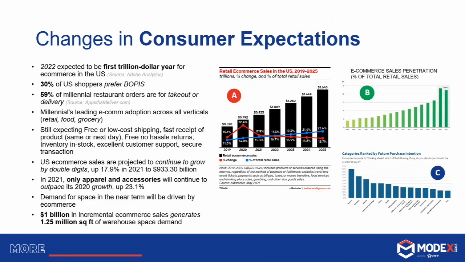All right, so kind of a wordy chart, and somewhat intentional here, but changes in consumer expectations. And I think a couple of interesting call outs. So obviously, from a retail side, we know that e-commerce is on an incredible trajectory, but in 2022, we're projecting this year to be the first $1 trillion year in e-commerce. And what's interesting is, for approximately every $1 billion of incremental e-commerce sales, we need about another 1.25 million square feet of warehouse space.